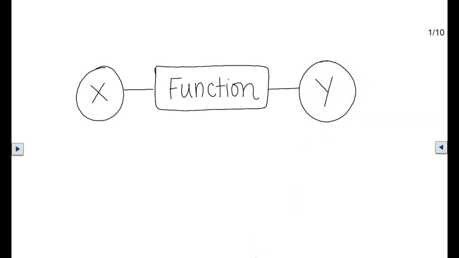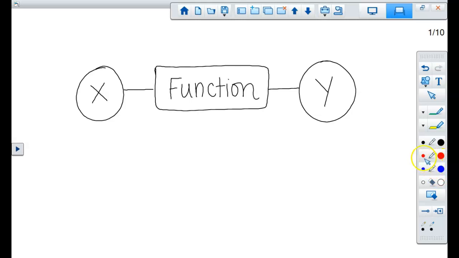I want you all to understand from the video that this is a function's job. Its purpose is to take an x value and then connect it or relate it to a y value. That is a function's sole reason for being, to make connections between x and y values.